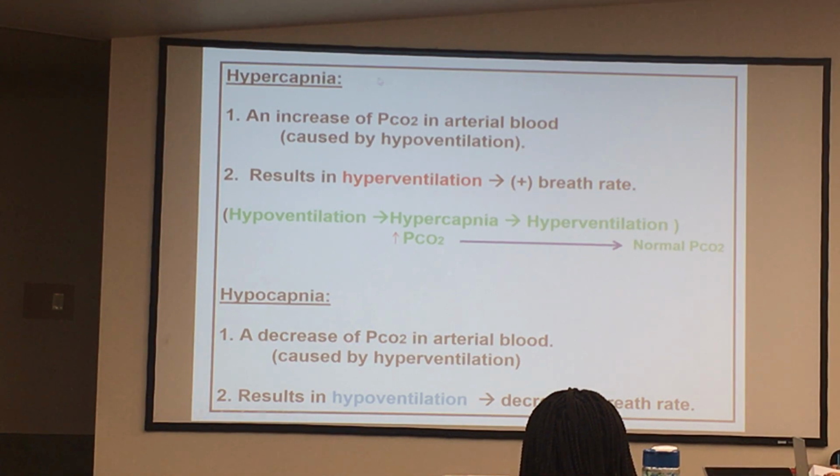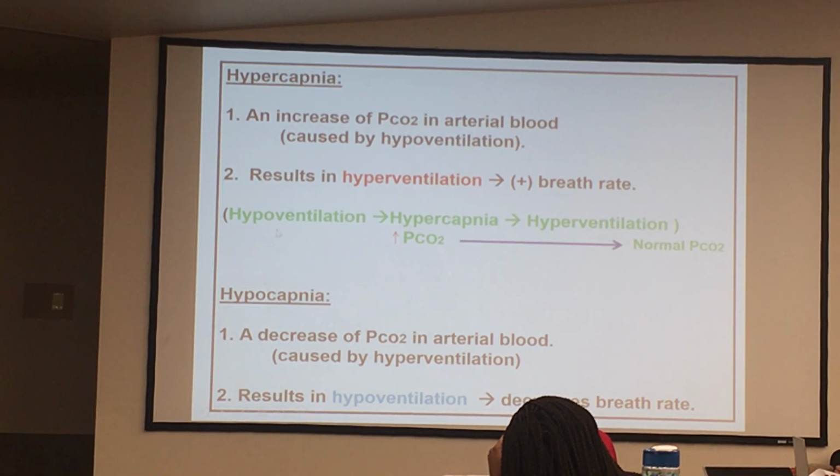Capnia means CO2, and that means the respiratory function is lower, and our body's response is to increase the frequency, hyperventilation, and get rid of the CO2. We increase the breath rate, and we go back to normal.